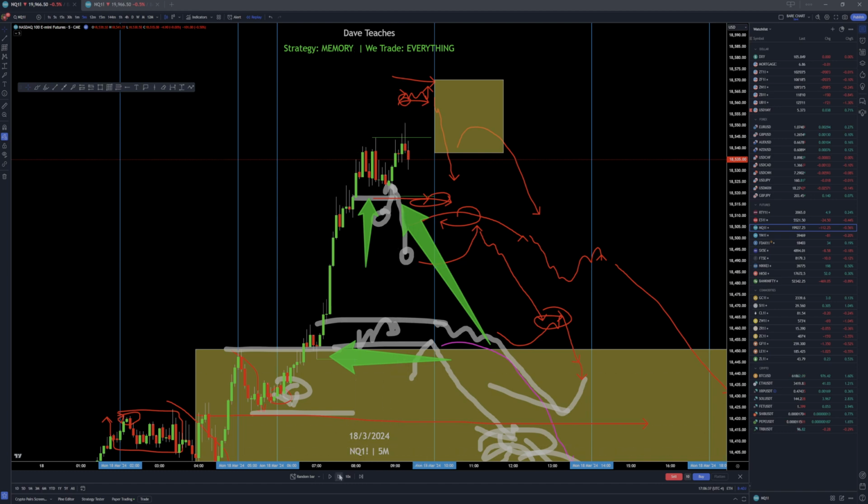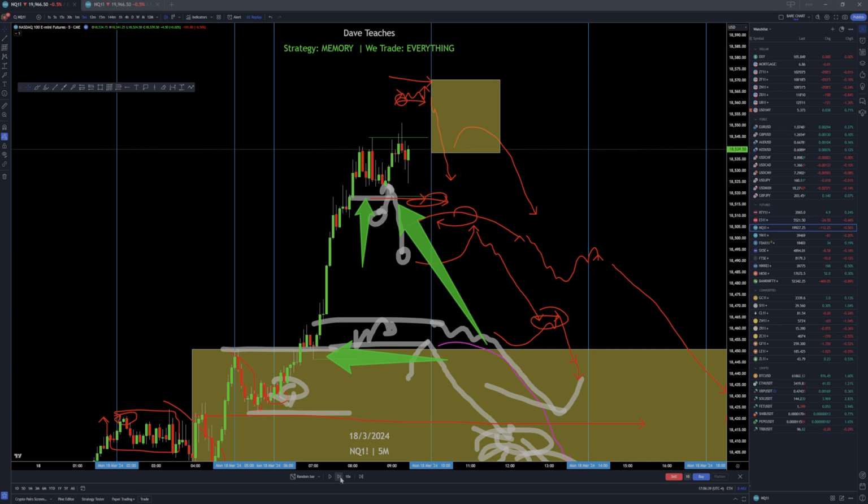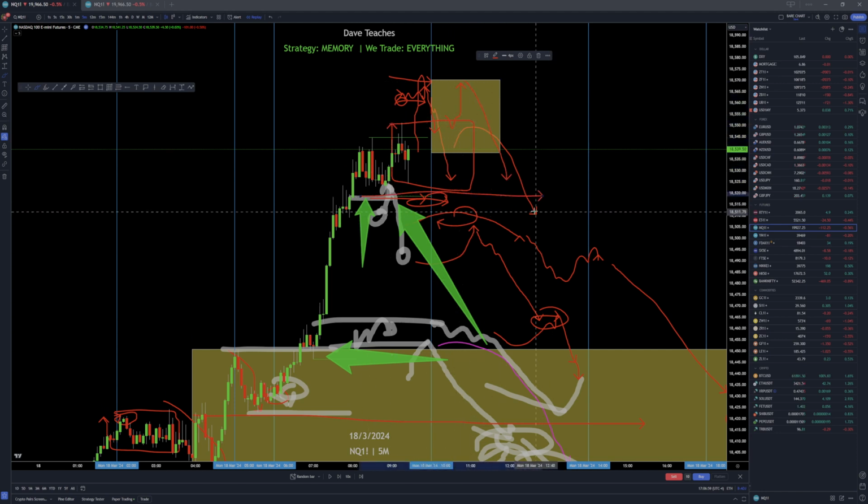So that's 20. This is 25. Next candle is market open, right? So if we make our way up and we come back to here and that doesn't put in a new high, then we're looking to go below that there.